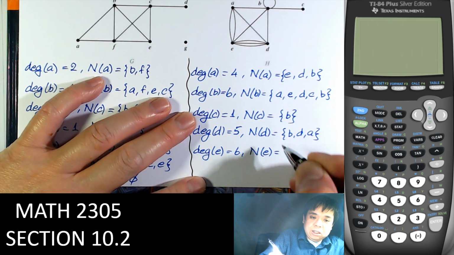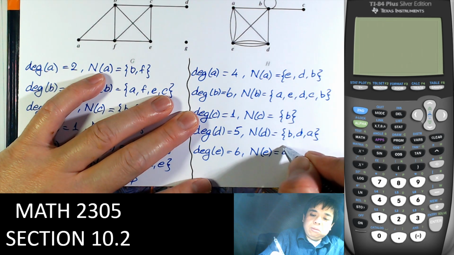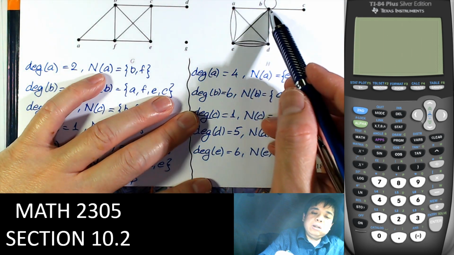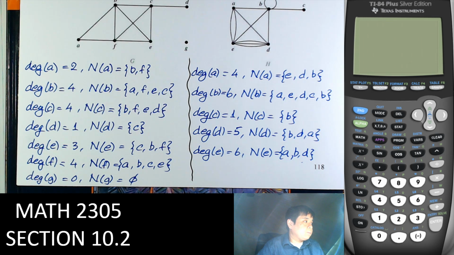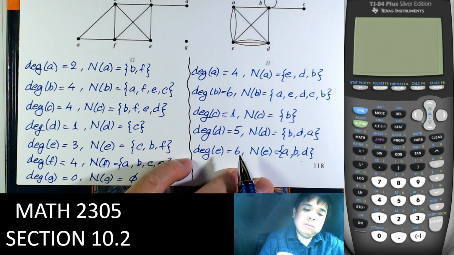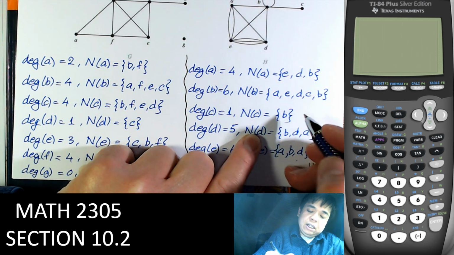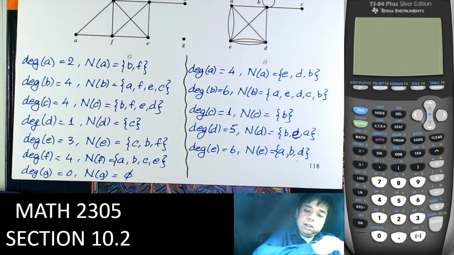Neighborhood of E: A, B, and D. Oh, D does not connect to D, sorry. D is A, E, and B.